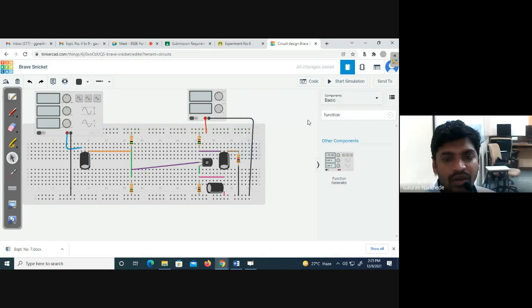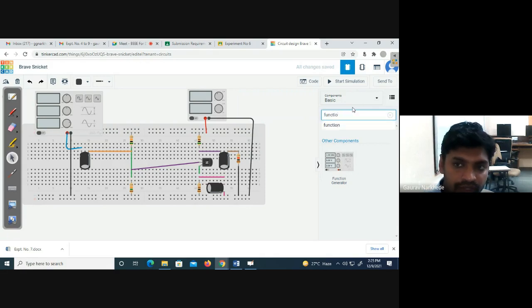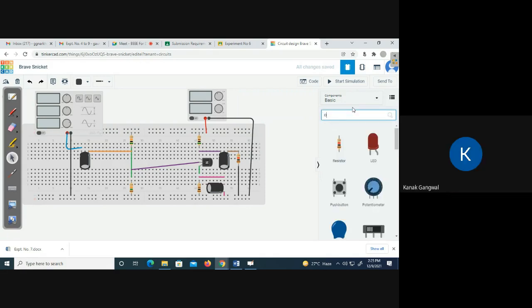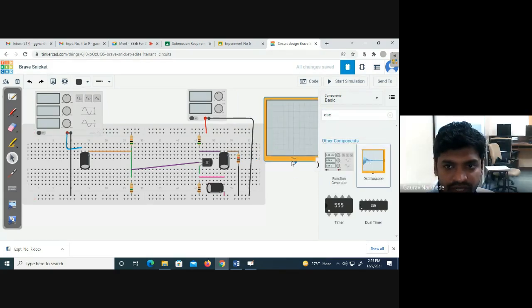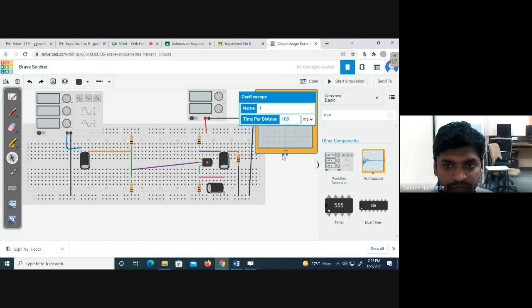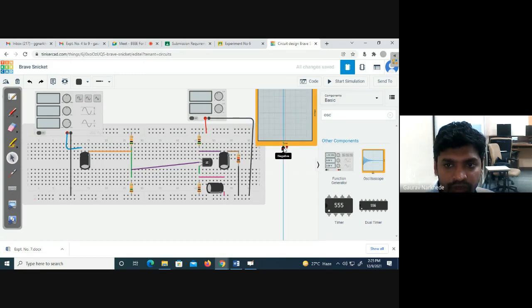Now, where can I see the output? Oscilloscope. So I am taking the output at the oscilloscope. Let me give the negative terminal to ground, because it is always connected, and this we are connecting across RL.